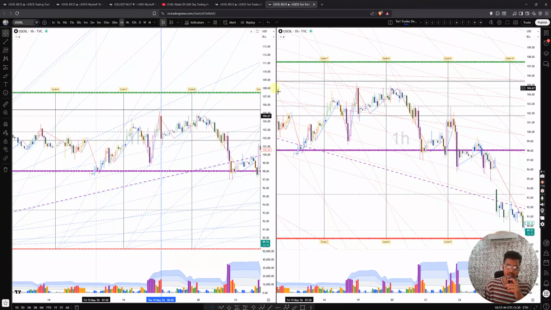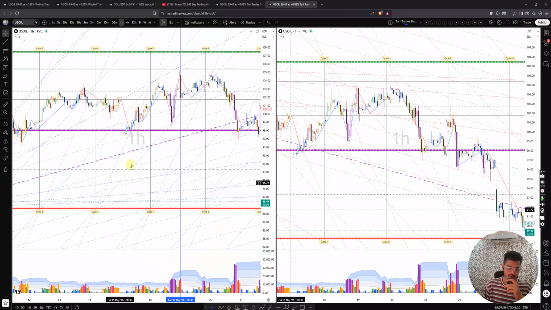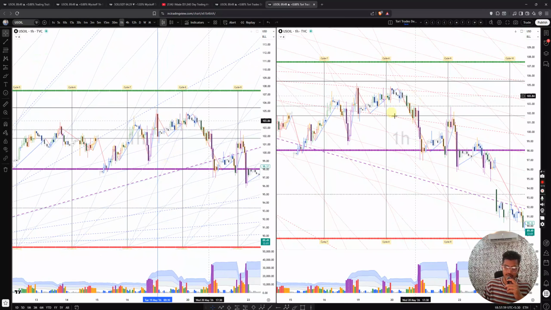Now, after that, this descending 4 by 1 trend line in cycle 7 got hit, right? And by the way, this trend line was coming from cycle 6. And here we entered short.